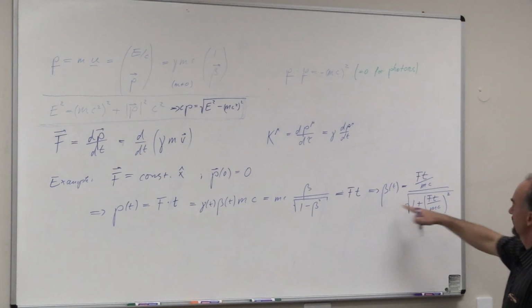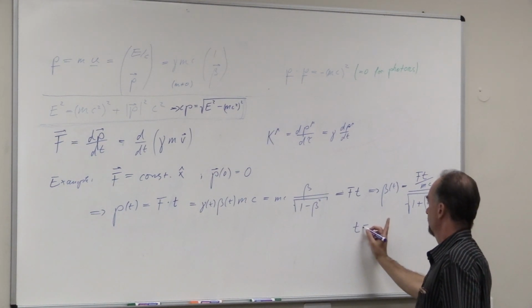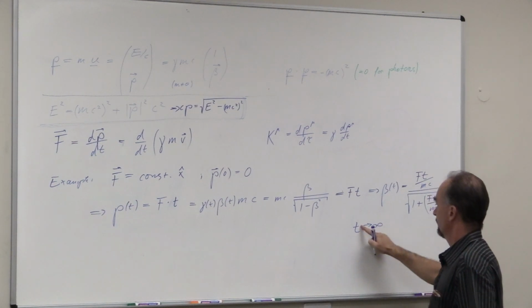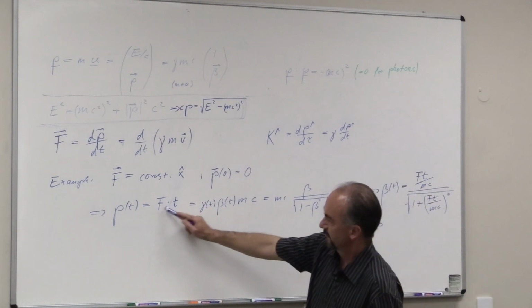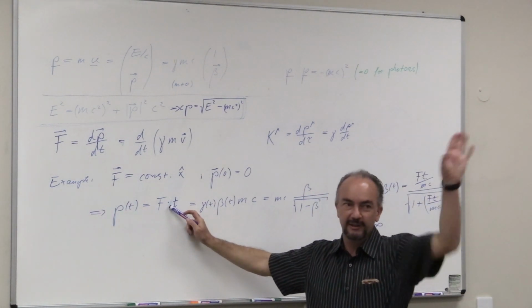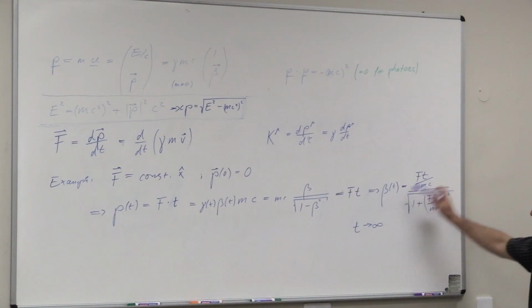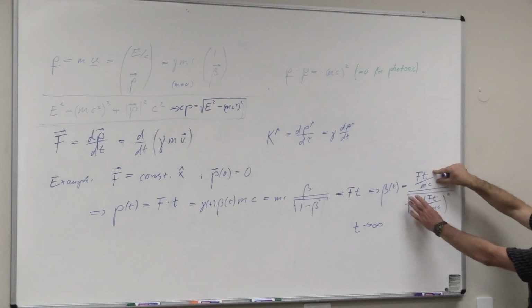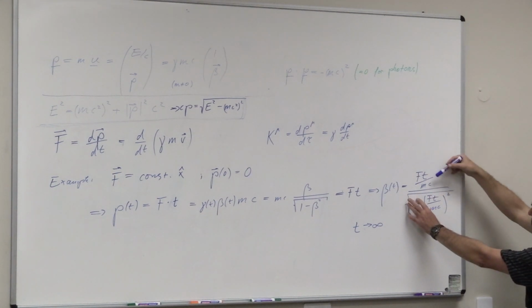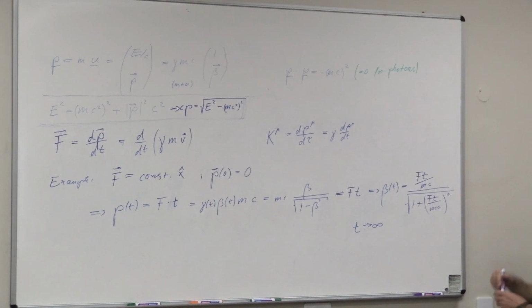What happens to this if time goes to infinity? If we let the force go on forever, you expect the momentum to keep increasing and increasing. What about the speed? What happens to beta if Ft over mc is much larger than 1? Then the 1 we can forget, and we have Ft over mc divided by just Ft over mc.